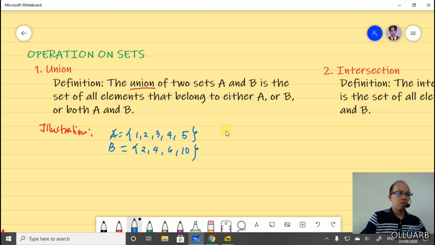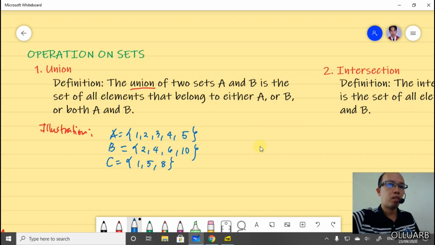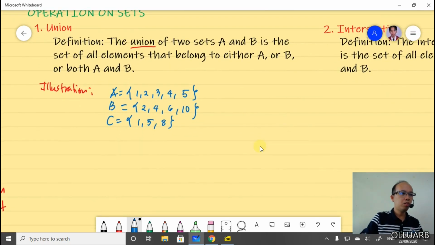Then for example, if you want to get the union of A and B, all you have to do is put all the elements of A and B in this set, but without repeating its elements.